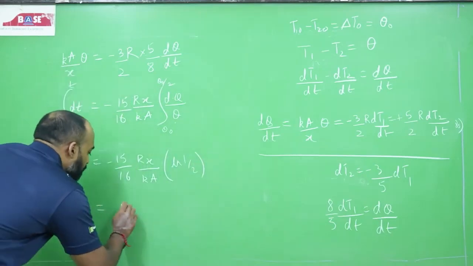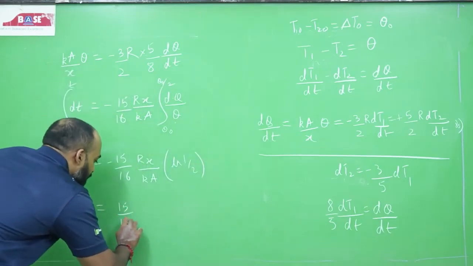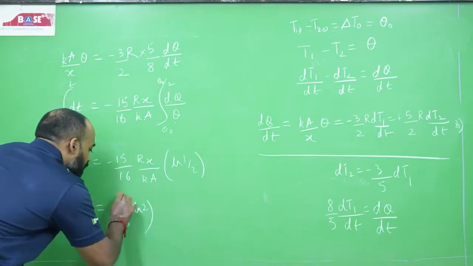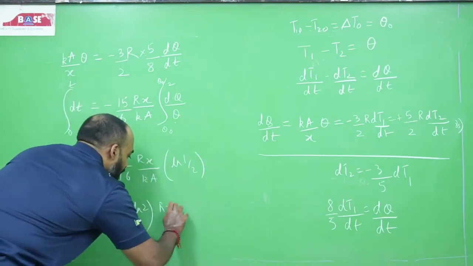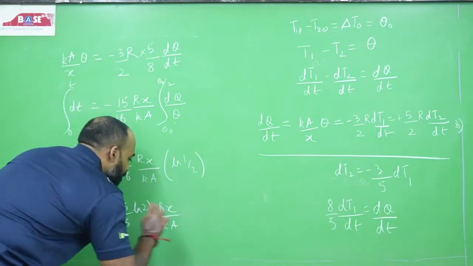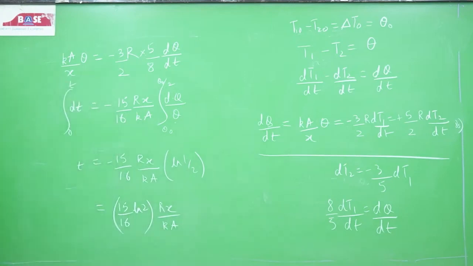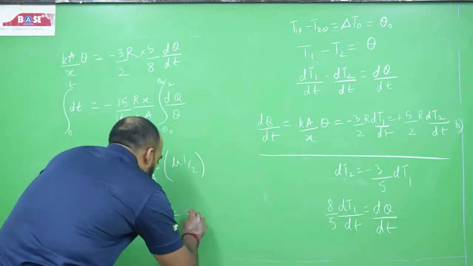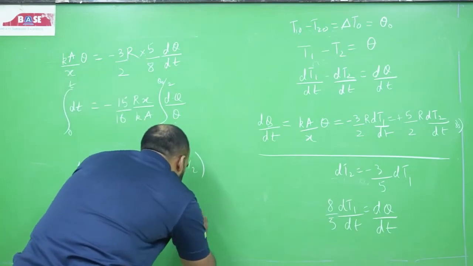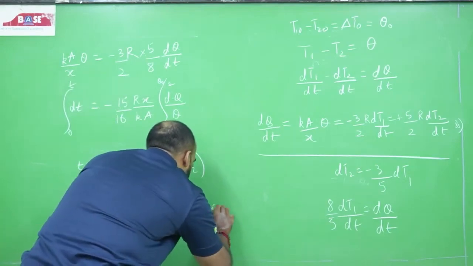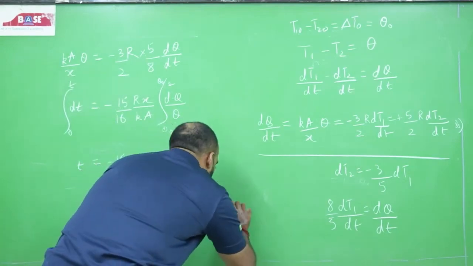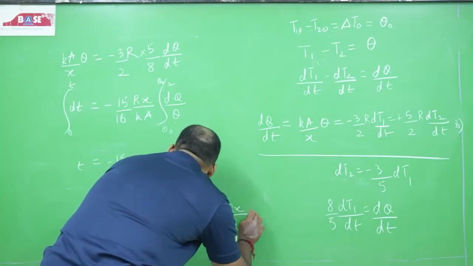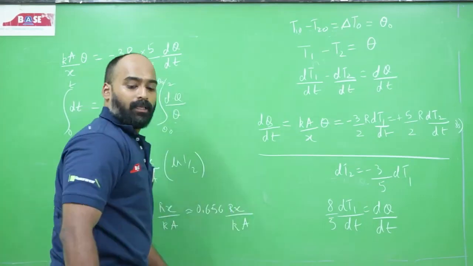So this will be 15 by 16 ln 2 times R x by KA. The value of ln 2 is given in the problem as 0.7. If you substitute that, you get 0.656 times R x by KA.